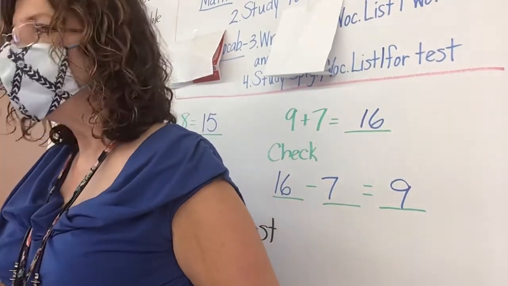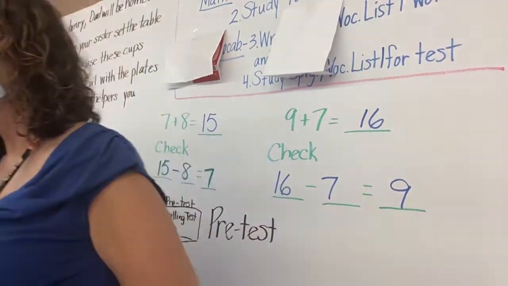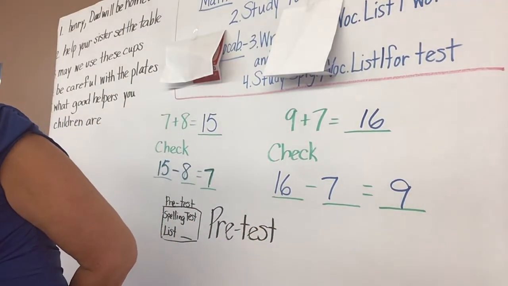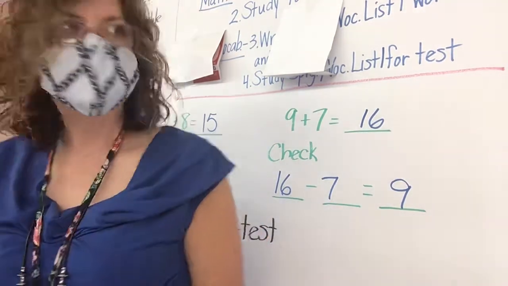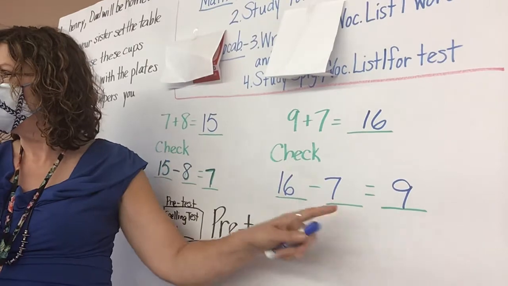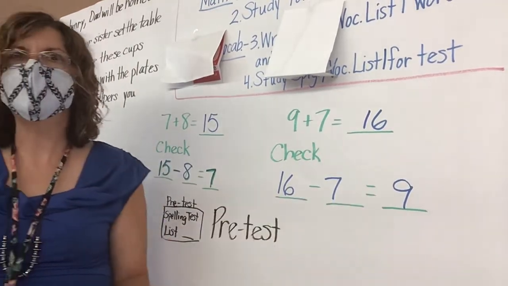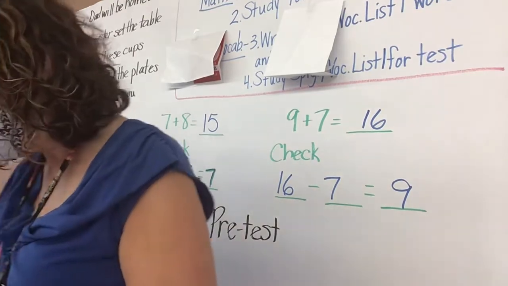Subtract. So in that little box, do 16 minus 7. And 16 minus 7 is 9. We already had that problem today when we were checking, didn't we? 16 minus 7 equals 9.